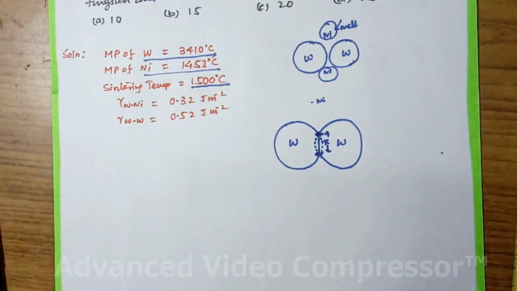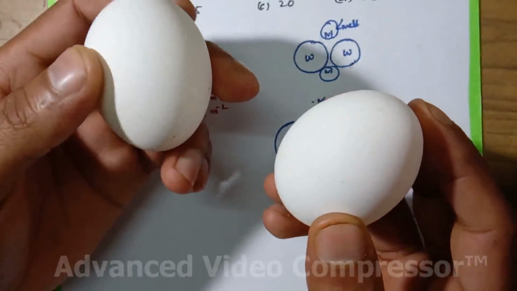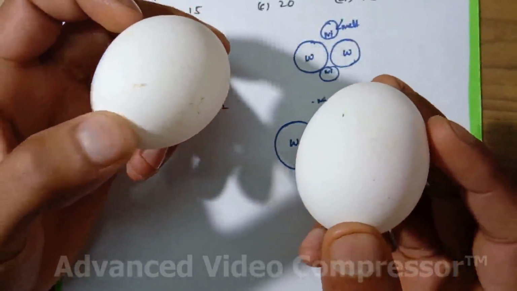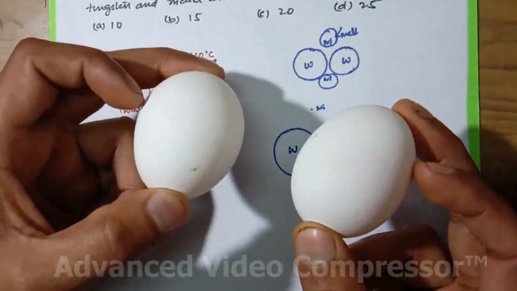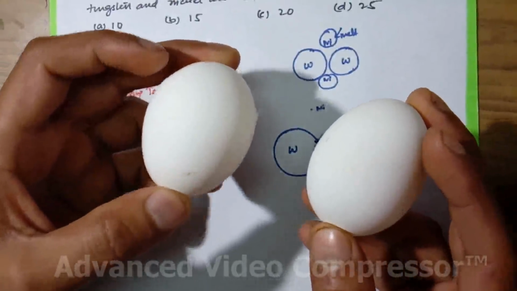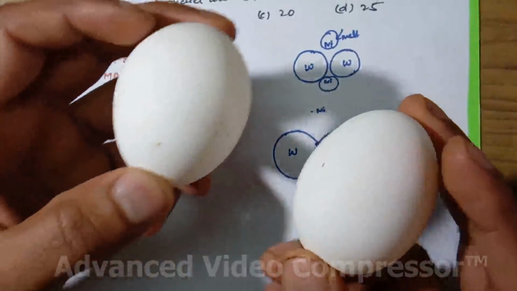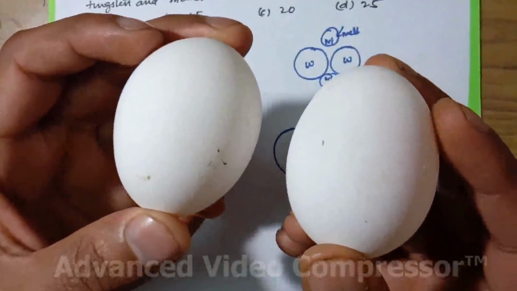So to give you the feel, I have taken a sphere-like thing. I have taken an egg. I'm sorry about this. Some vegetarian guys may be offended, but I'm not here to offend. Imagine these two are tungsten particles.